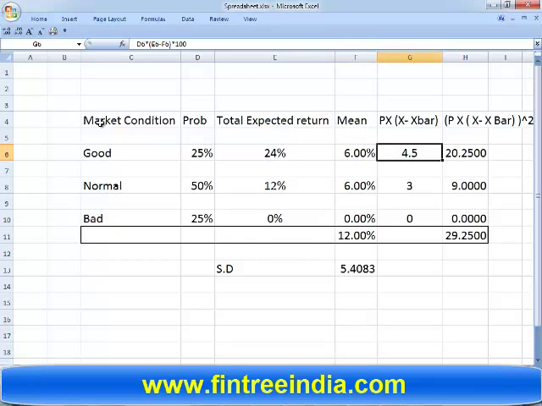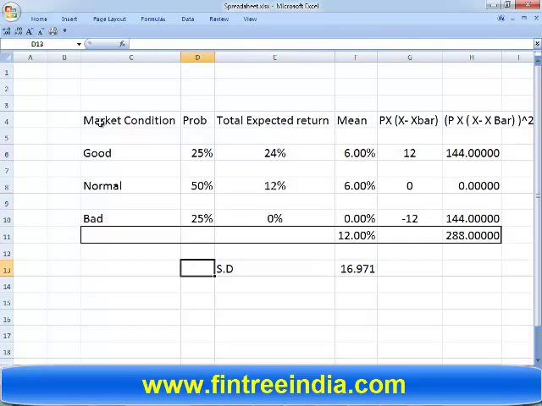Is the expected return of 24% given in the question? Wait a minute, there is a mistake here. This is not completely correct. This should have been x minus x bar, right?